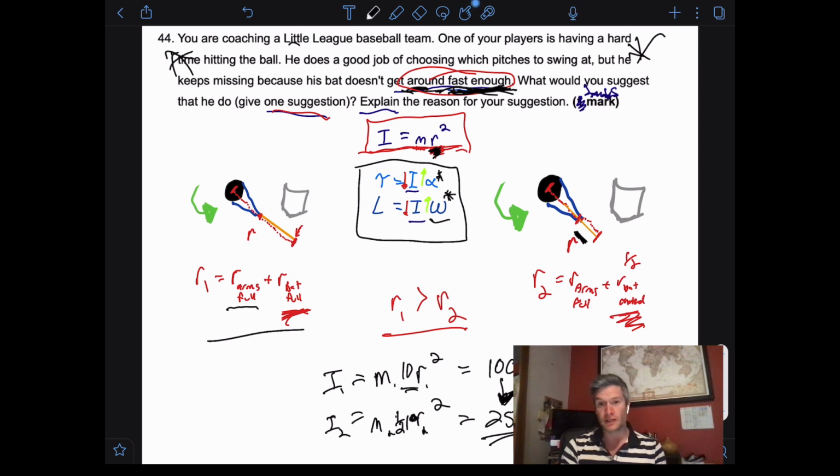Okay. So if you're to summarize this and pull it all together as far as how you might answer this on an actual exam, this was the full explanation. You wouldn't necessarily need to do that.